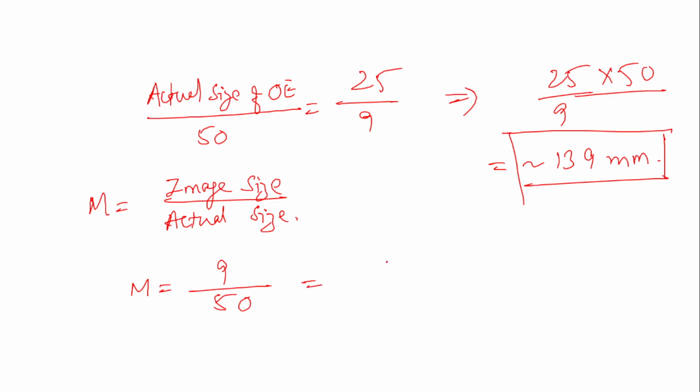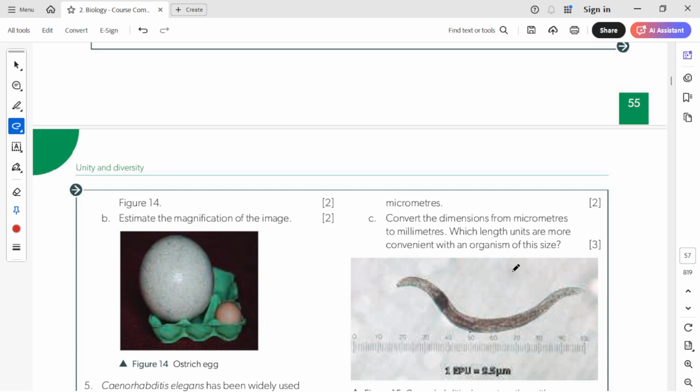So the ratio is coming out to be somewhere around 0.18x. So this is the magnification. The magnification is very small here. It's not a very large magnification, but still the image has been magnified. The image is actually smaller than the object actually is.